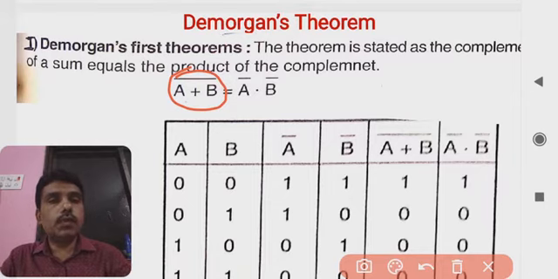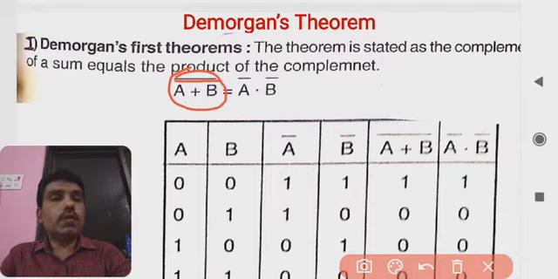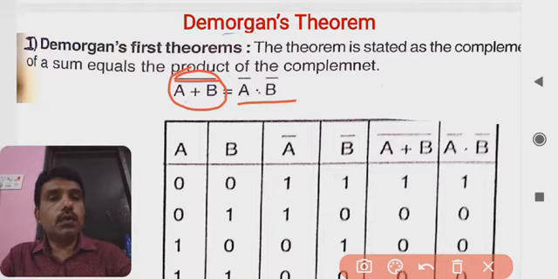A or B is the sum, and its complement is shown with the bar over A or B. That is equal to what you see on the right hand side: A complement and B complement, that is the product of their complements.